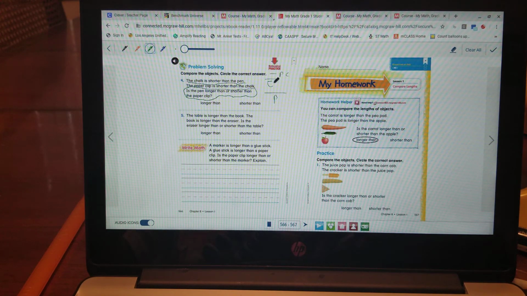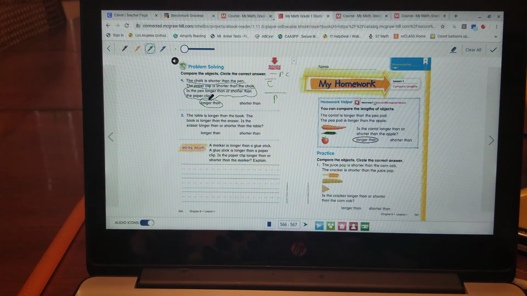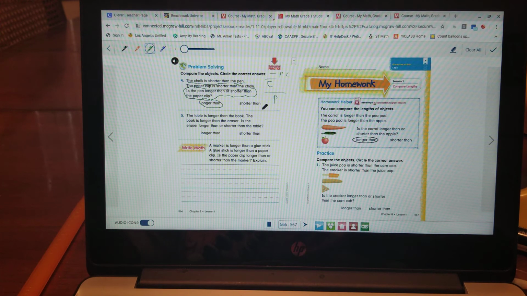Now the question, is the pen longer or shorter than the paper clip? Well, I made this line for my pen. Is this pen line longer or shorter than the paper clip? Well, we can see that it's longer, so that's what I'm going to circle. Remember, boys and girls, making a model, a picture, will help you to problem solve. And the picture can just be simple lines.